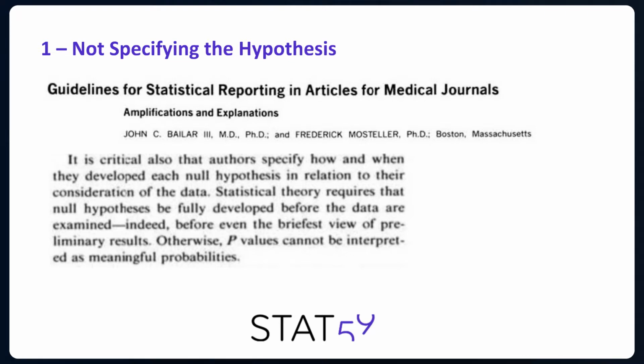Now, just specifying a hypothesis before looking at the data is not a trivial matter. And for any of you who are interested, this is an excellent article that you can find, which is called Guidelines for Statistical Reporting in Articles for Medical Journals. And this phrase comes out of that paper.